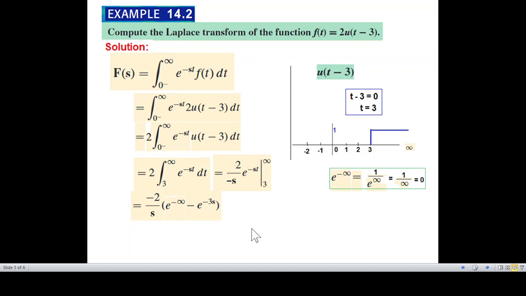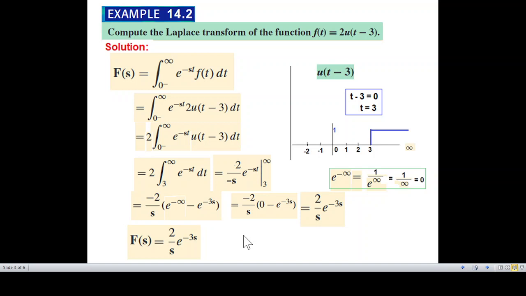So we'll put 0 here, and minus e raised to the power minus 3s. We have put in these two limits here. So our answer will be, this minus and this minus multiply to plus, so (2/s) e raised to the power minus 3s. So that is the final answer.